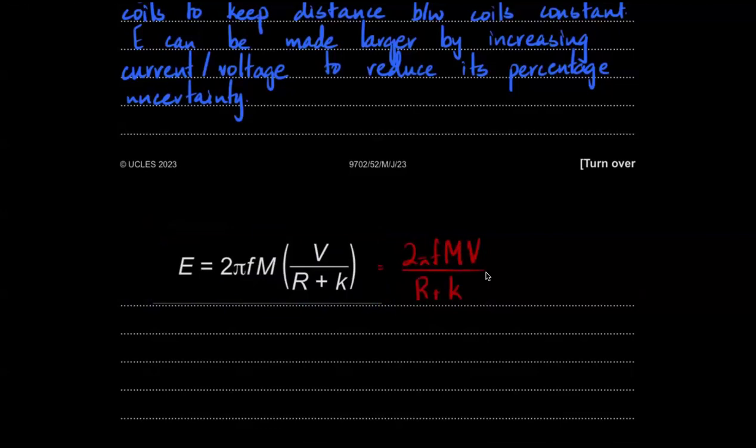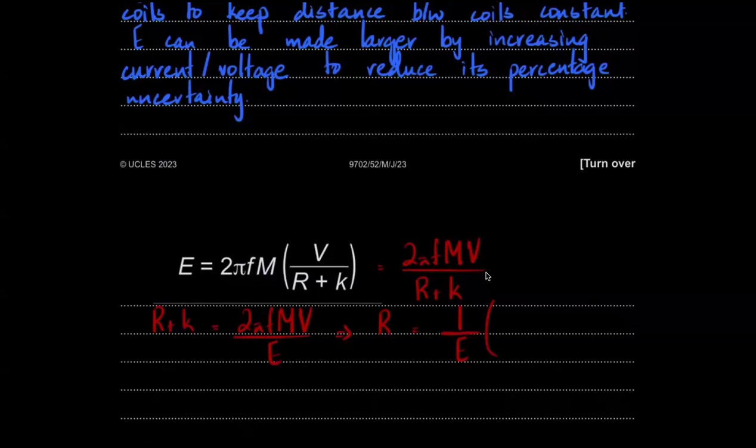R equals 2 pi fmv over E, and I separate the E from this because I know it's one of my primary variables.